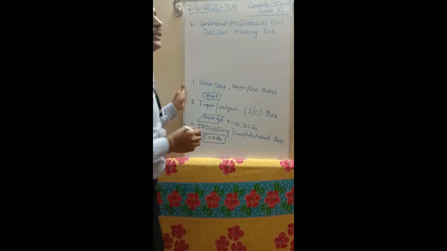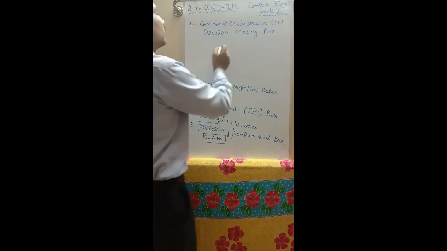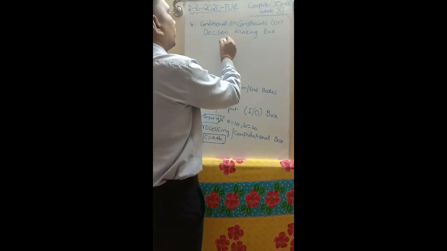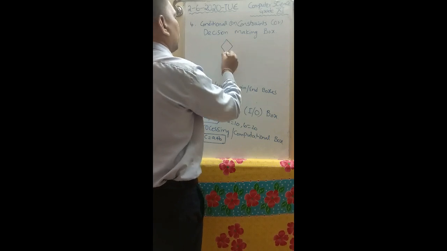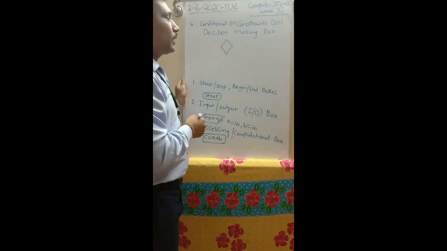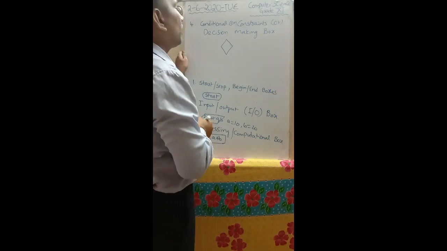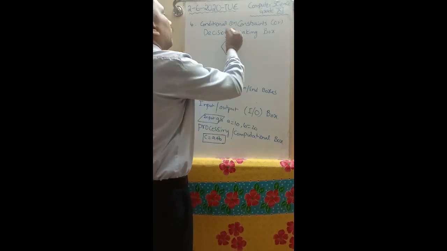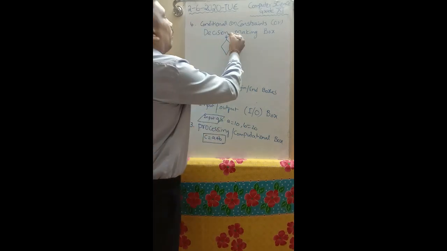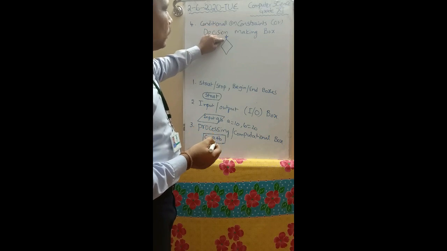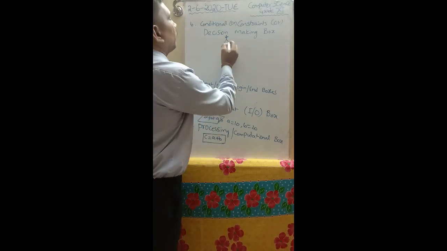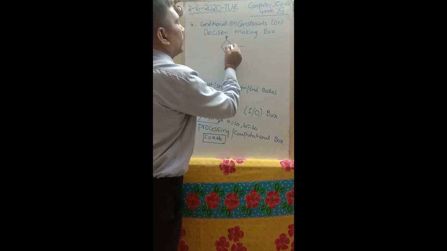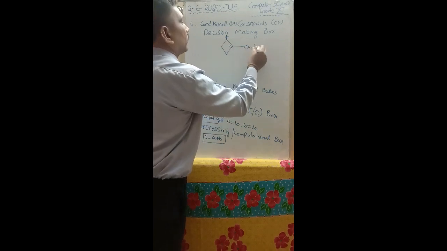In special cases this box can be used. According to shape, this box is called the diamond shaped box. So here the flow comes from the top, this step coming from this flow. Next, here I am writing some conditions.